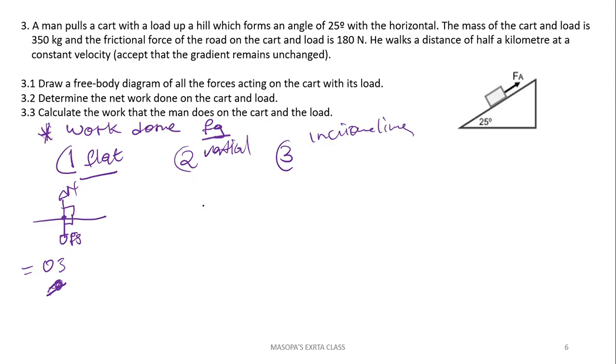So in the vertical one, obviously Fg is there, and maybe other forces, maybe a hanging object most of the time. Now you must be careful with delta y, the distance that your object covers.